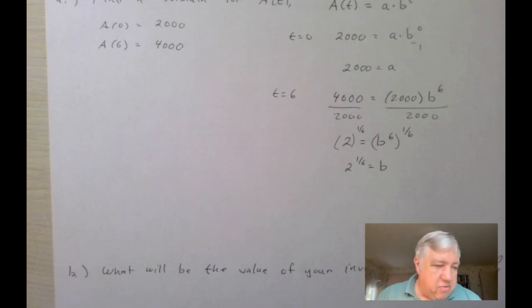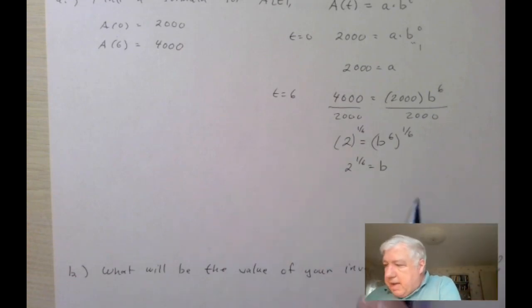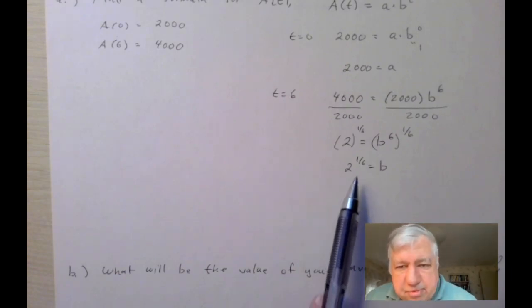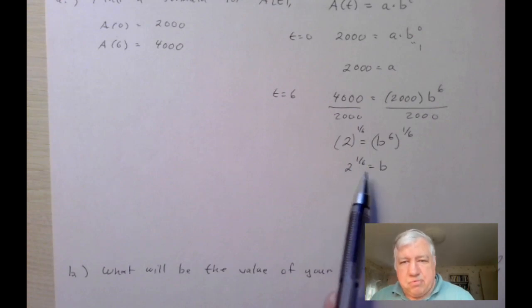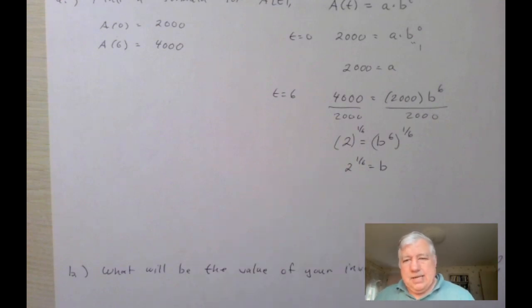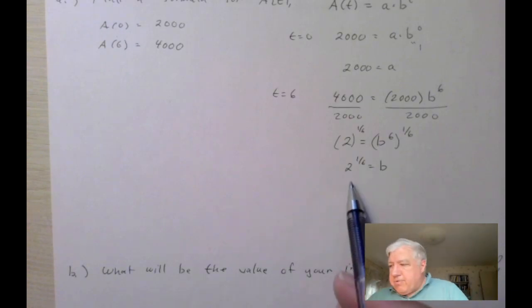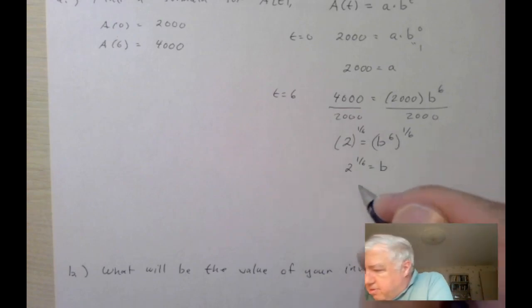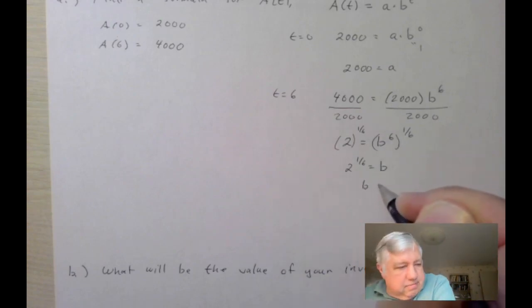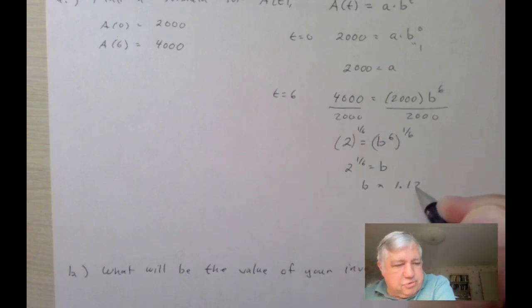And then to figure out what b is, we have to use our calculator. Make sure you use the exact 1/6. If you're going to give a decimal approximation of 1/6, you need more than 1 or 2 decimal places. So the easiest way is just to type in 2 to the 1/6 in your calculator. And so b turns out to be approximately 1.122.